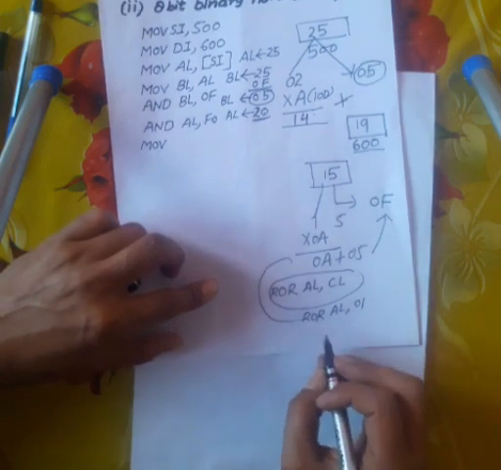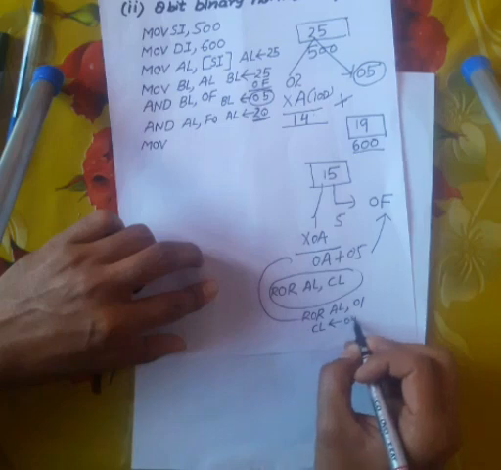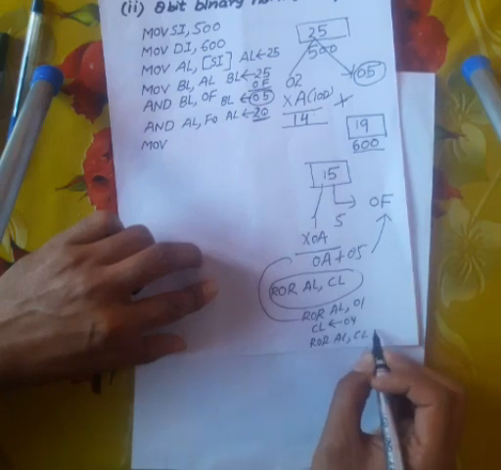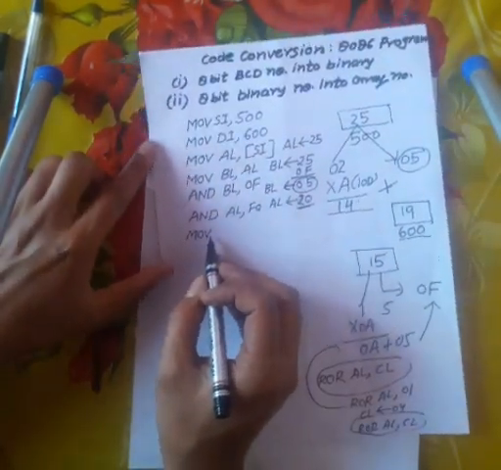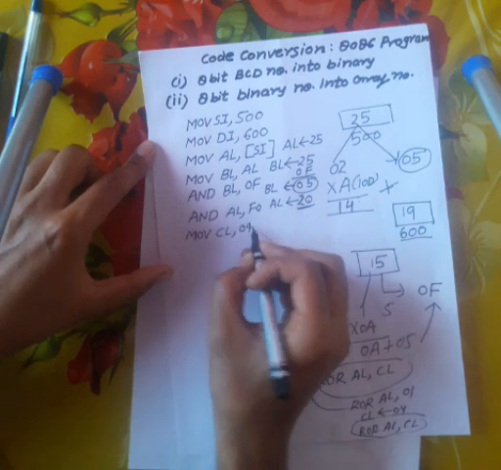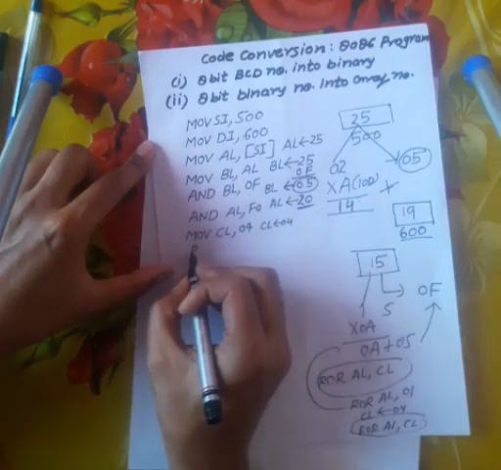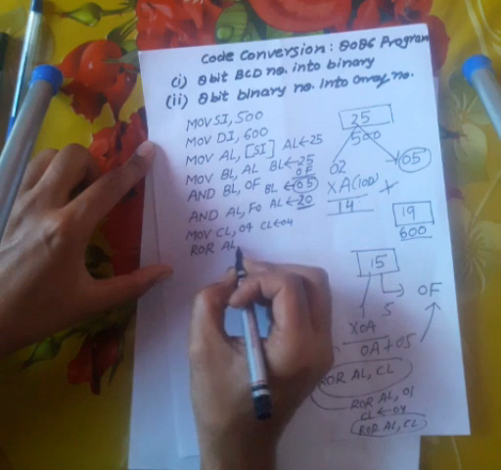If you want to rotate 4 times, in that case first initialize CL equal to 04. Now rotate ROR AL comma CL. It will reverse the number. So move CL comma 04. It means CL equal to 4. Now apply rotate ROR AL comma CL.